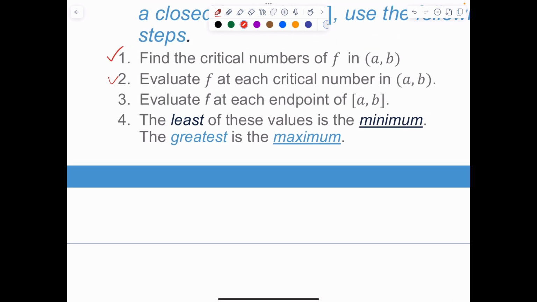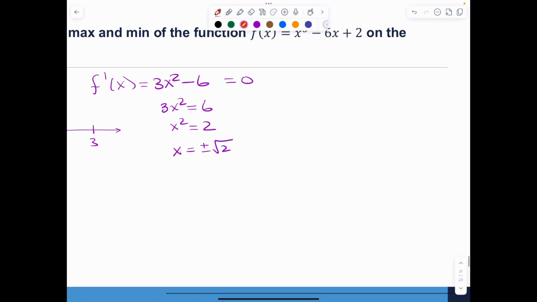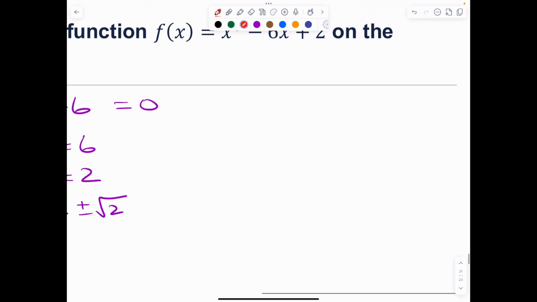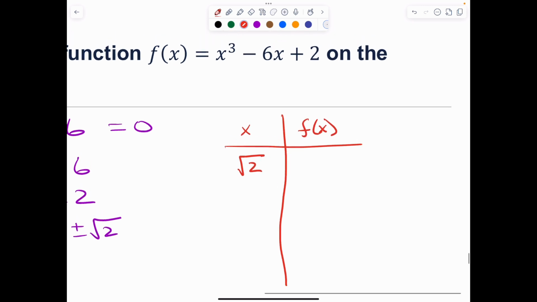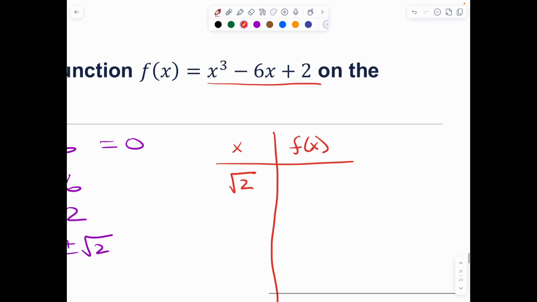Number 2, we're going to evaluate the function at each critical number that's in the range. I always make a little table because it helps me to organize my thoughts. And f of x is conveniently right there. So I'm going to actually have to do the work now. We have radical 2 cubed.